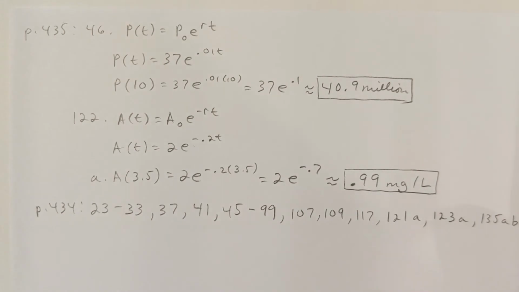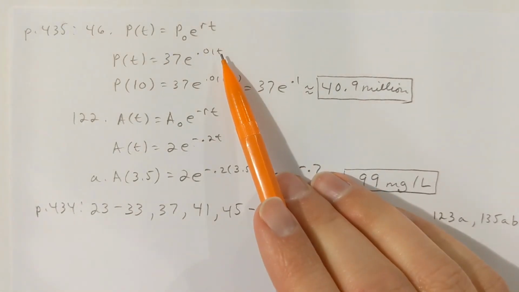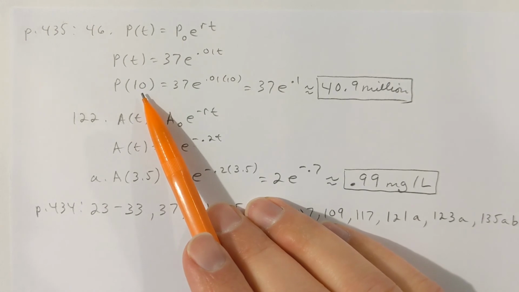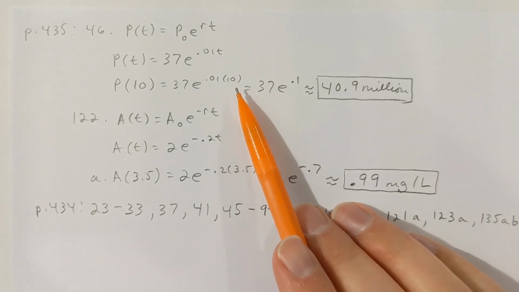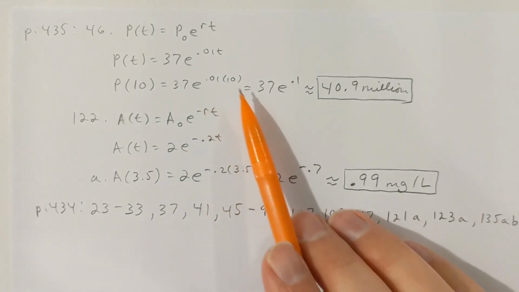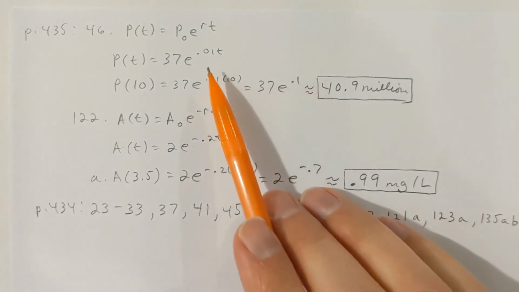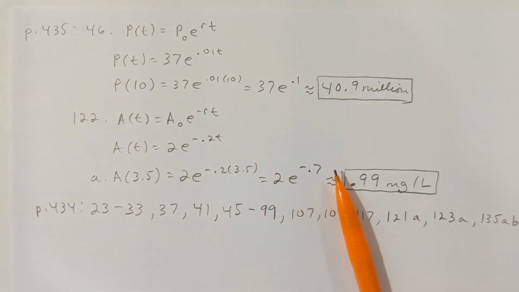Okay, now I want to know the population of this state in 2020. T is the time in years since 2010. So it's been 10 years since 2010, and therefore I would just simply plug 10 into the function and simplify. I've done that. 0.01 times 10 is 0.1. Just slide the decimal point to the right 1 unit.